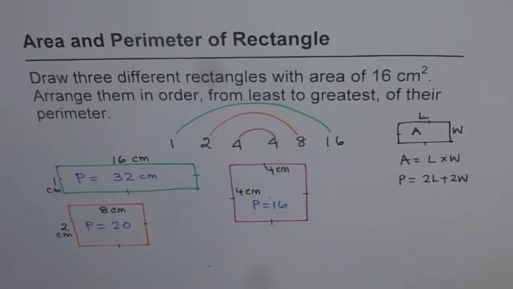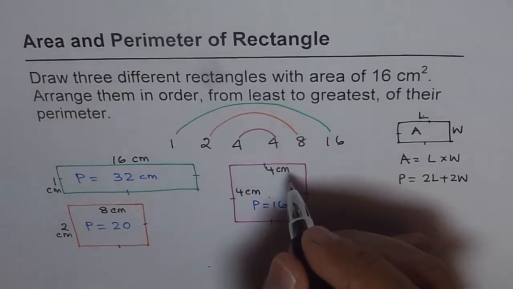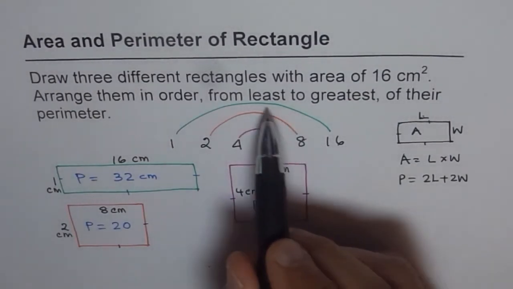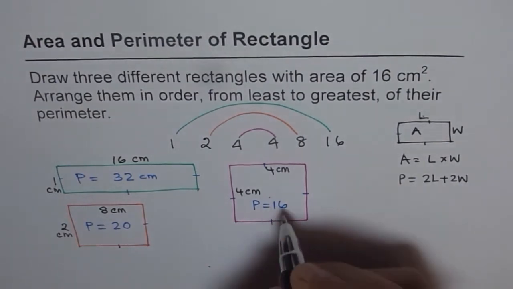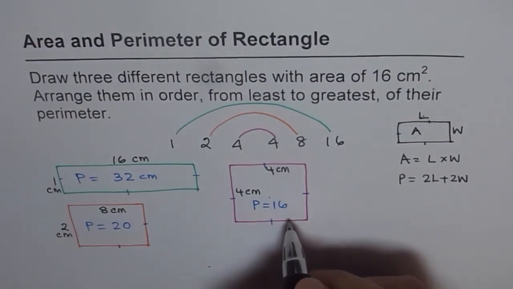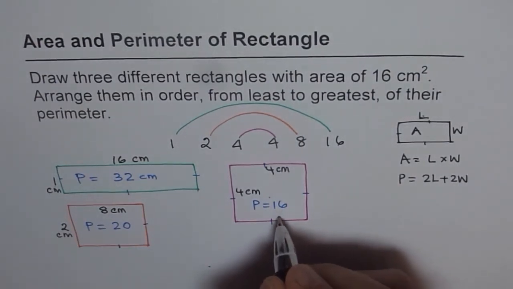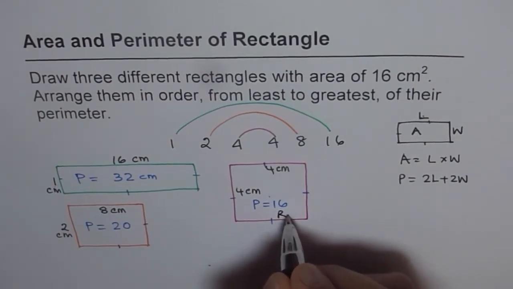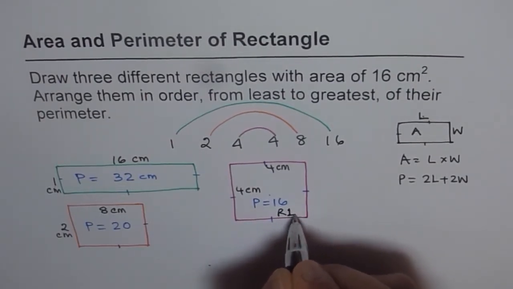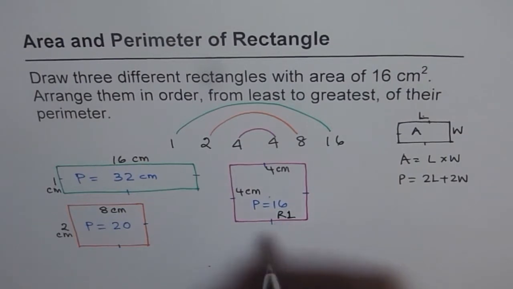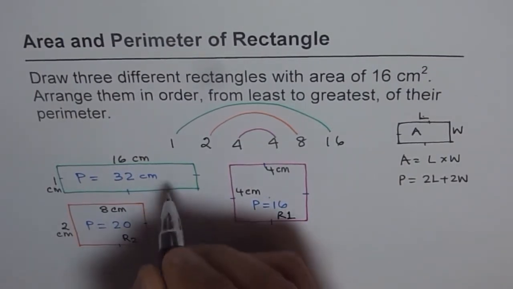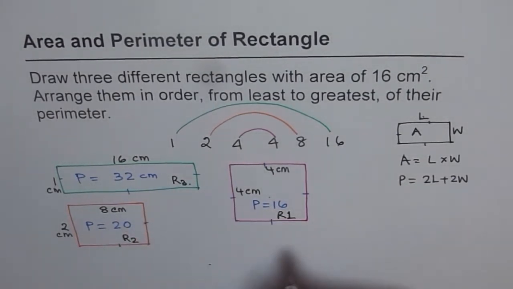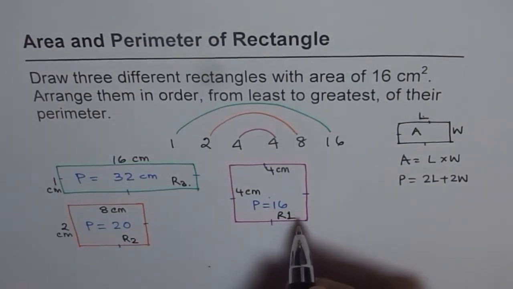So let me call this my rectangle number 1 as the one which should come first in order from least to greatest. So I'll call this R1. So this R1 is number 1 for me, least perimeter, right? Next one is this R2 and R3. So I can arrange them now from least to greatest.